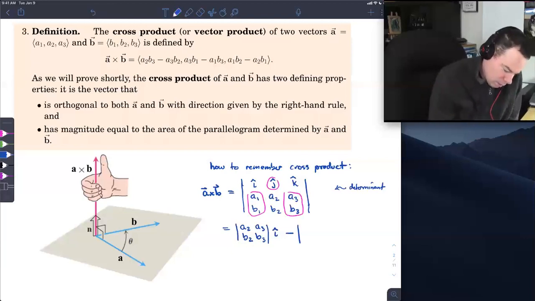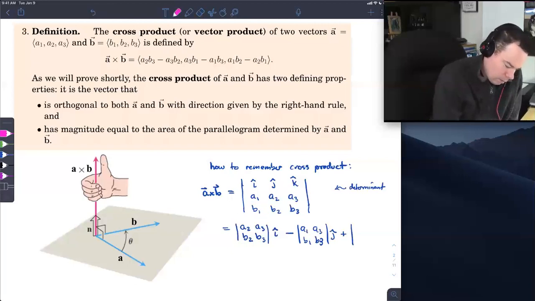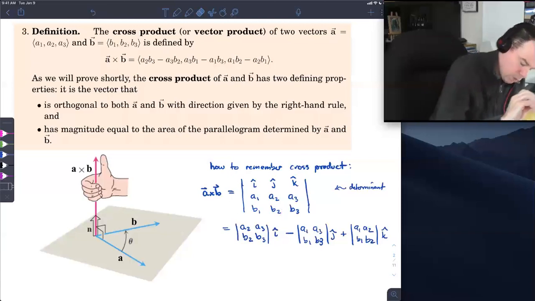So this is A1, A3, B1, B3, multiplied by J hat, and then plus the remaining one with the K hat. And so that's going to be A1, A2, B1, B2, and K hat. So that's our memory device.